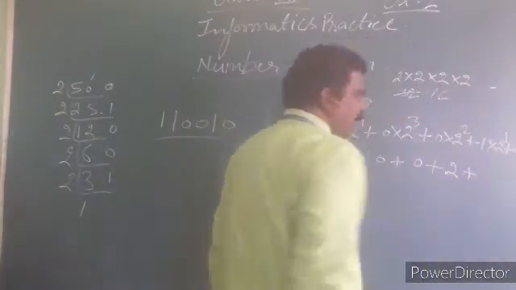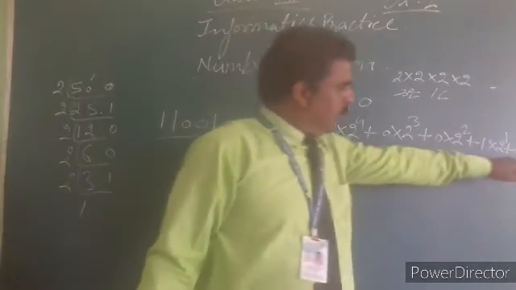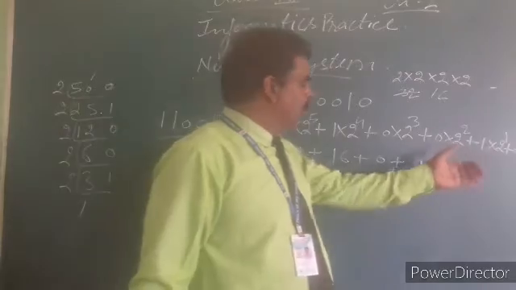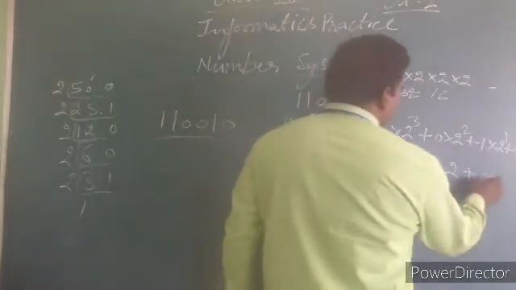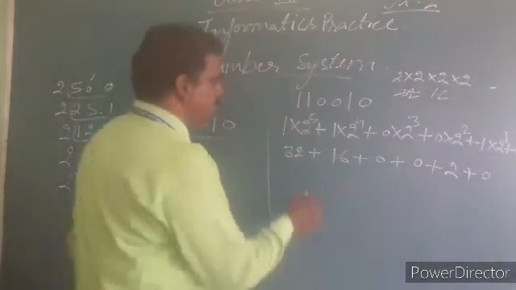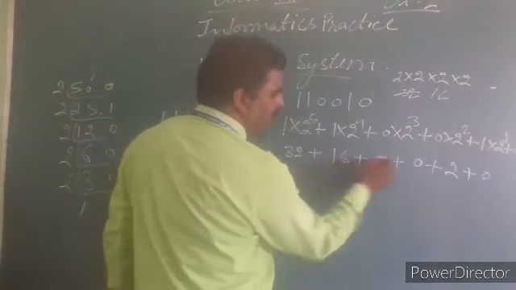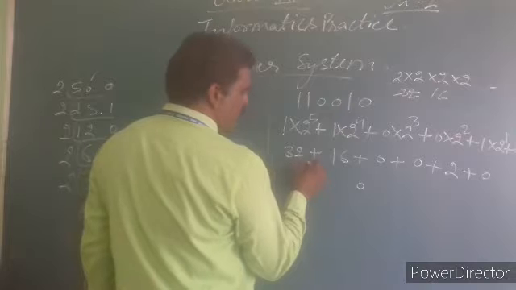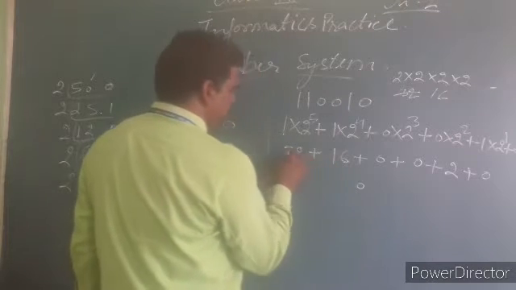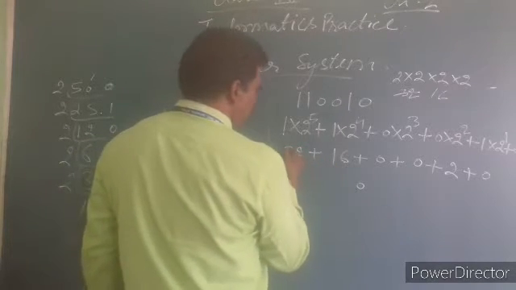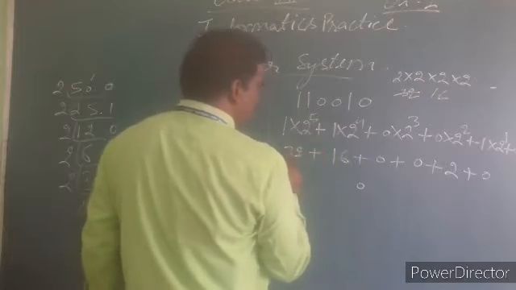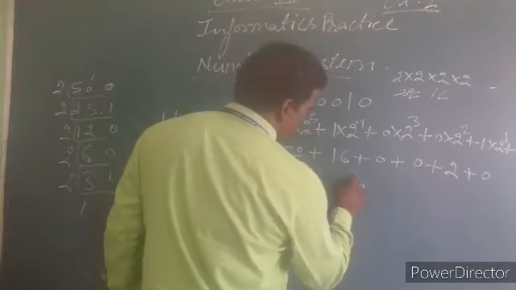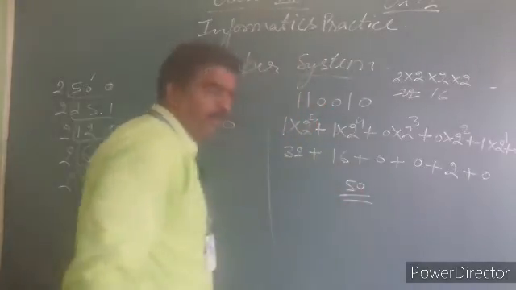After that, multiplying with 0, then 0 will be written here. 32 plus 16 is 48, plus 2 is 50, so the answer is 50.